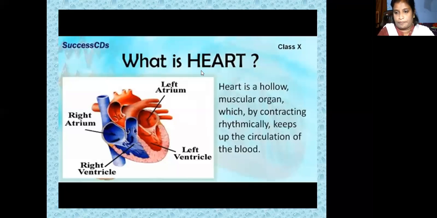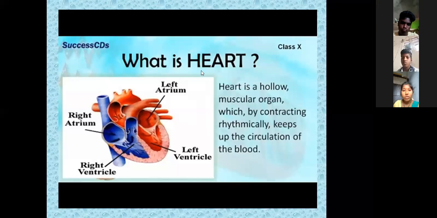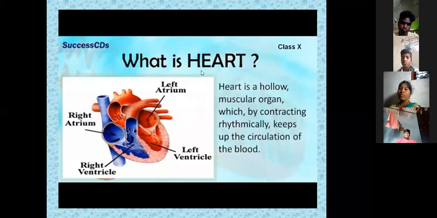Mainly, what is the heart? The heart is a hollow muscular organ. Hollow means there is internal empty space. The heart is covered by muscle called cardiac muscle. It is a muscular organ.